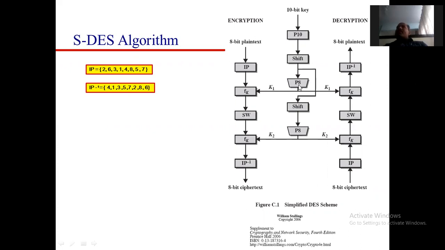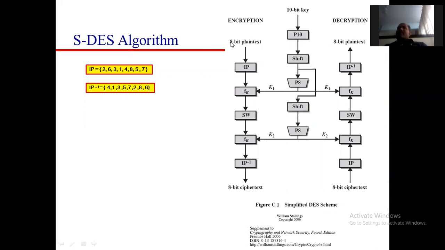The 10-bit key is there in the middle, and the last one is the decryption process. The encryption is going to execute at the sender side, and the decryption is going to execute at the receiver side. And in between, whatever the 10-bit key is there, the 10-bit key is common to the encryption as well as the decryption.